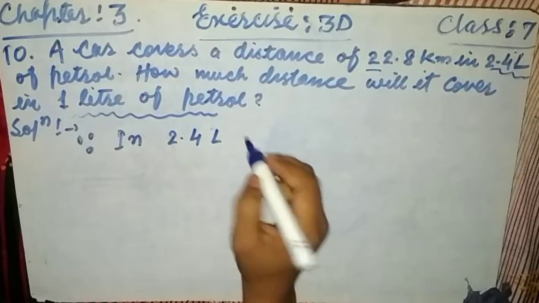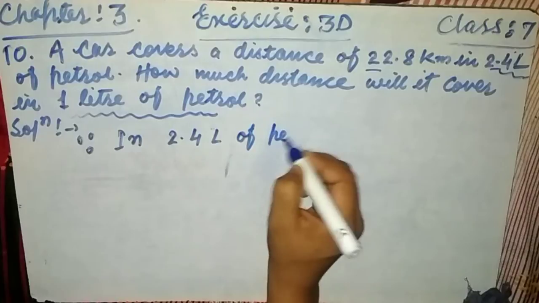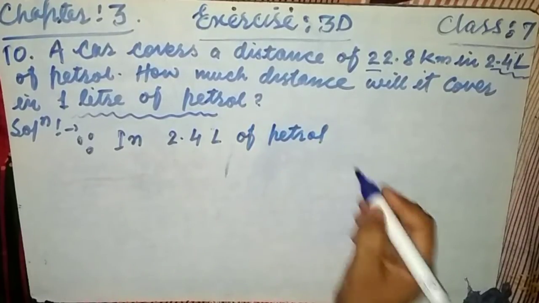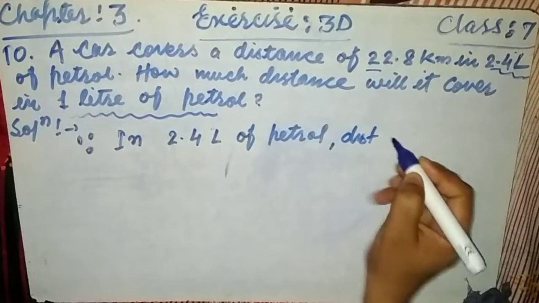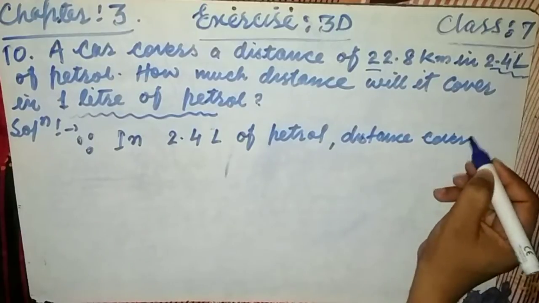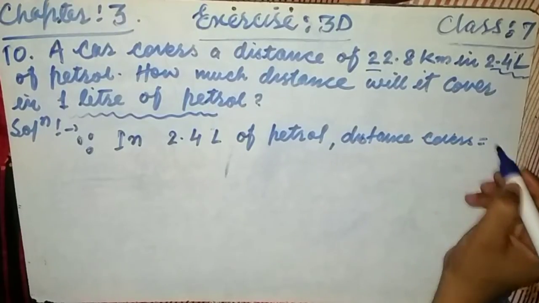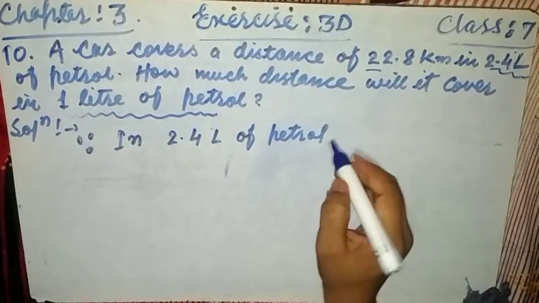2.4 liters of petrol, distance covers 22.8 kilometers. Write down the distance.